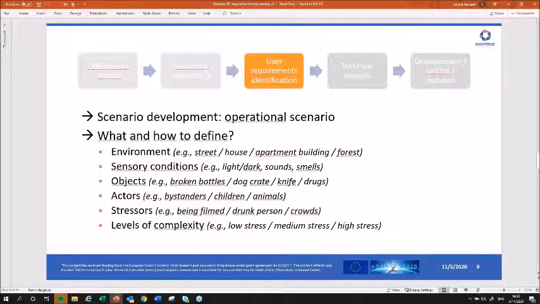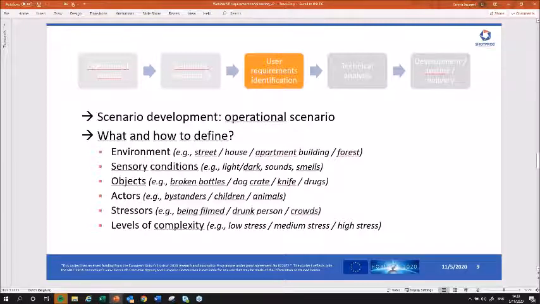But you could also think about what kind of stressors you can add to make it more stressful, or to make it suddenly a very different situation where officers have to react quickly and make quick decisions. So you can have people suddenly starting to film you on the street, or you can have one of the actors suddenly grab a gun from under the couch, or you can have suddenly a child that starts running towards you.